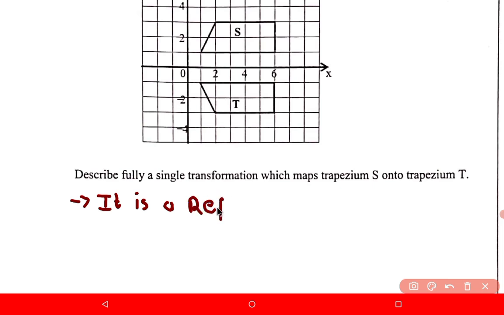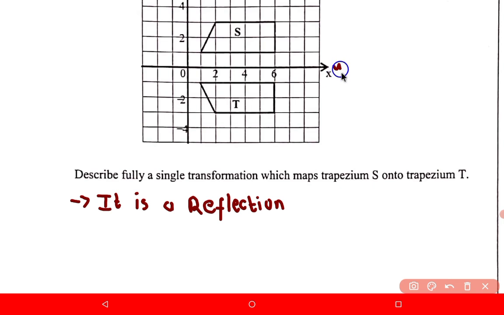When you say it is a reflection, you're also supposed to give the equation of the mirror line. So this is a reflection, and the mirror line happens to be this line here, the x-axis.